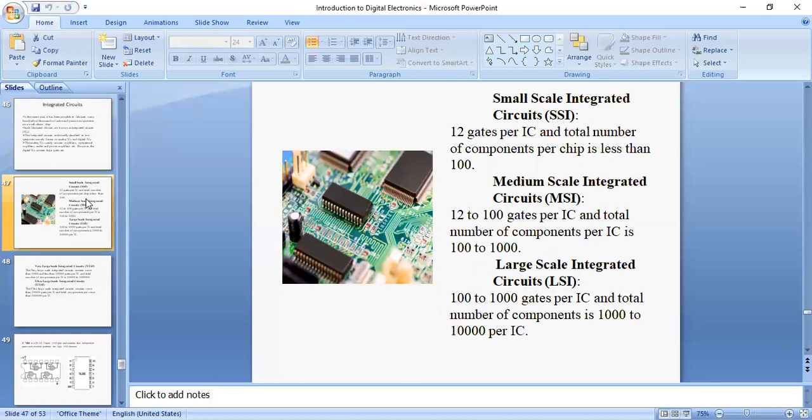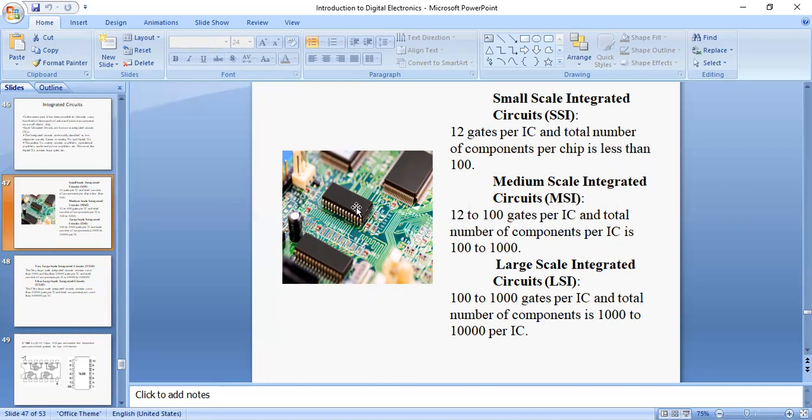Here we are observing a diagram, on which you are observing the pins. This is the pin configuration, and on both sides we have pins. On the top of the chip there is a number, and by using this number, we can identify which gate it belongs to.